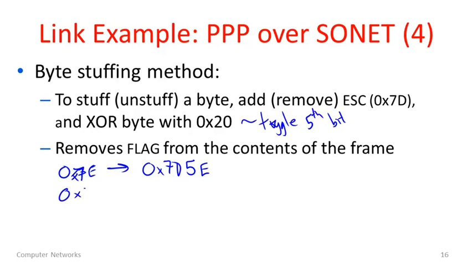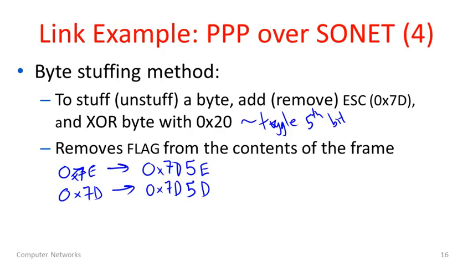Similarly, if you stuff 0x7d, then what you'll get is 0x7d, the escape character, and then I XOR 0x7d with 0x20, and I will get 5d. And at the receiver, I'll do the reverse. I'll simply XOR whatever comes after the escape character with 0x20, and that will turn it back into the 7e that we wanted.